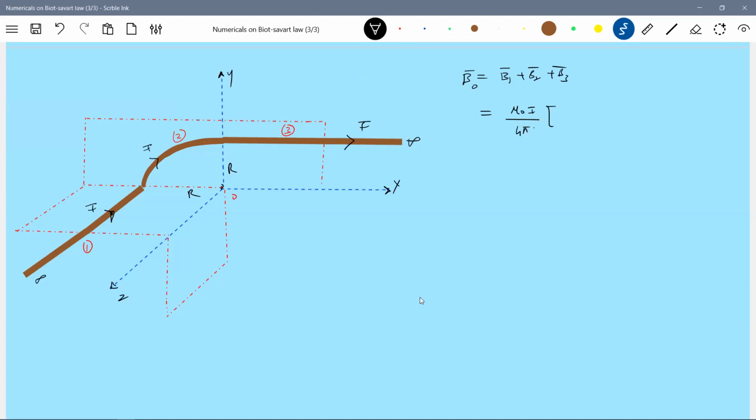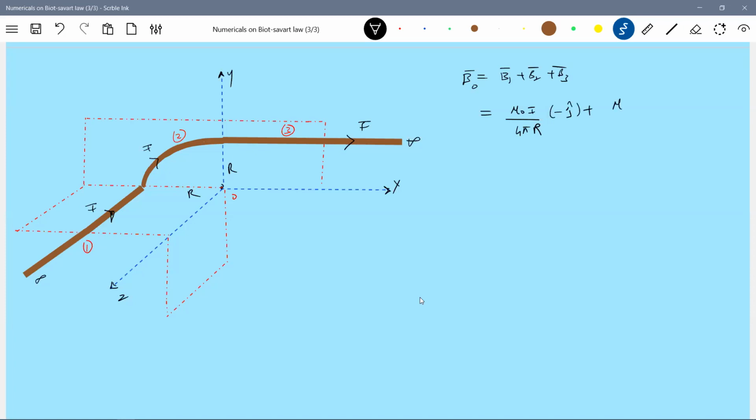Okay, this R will come. Due to a long wire it would be 2 pi R, but that's a semi-infinite wire, no? So directly I'll write 4 pi R. Is it justified directly writing this? I need not write sine alpha, sine beta, all that. What about the direction? It will be along the negative y-axis, minus j cap.